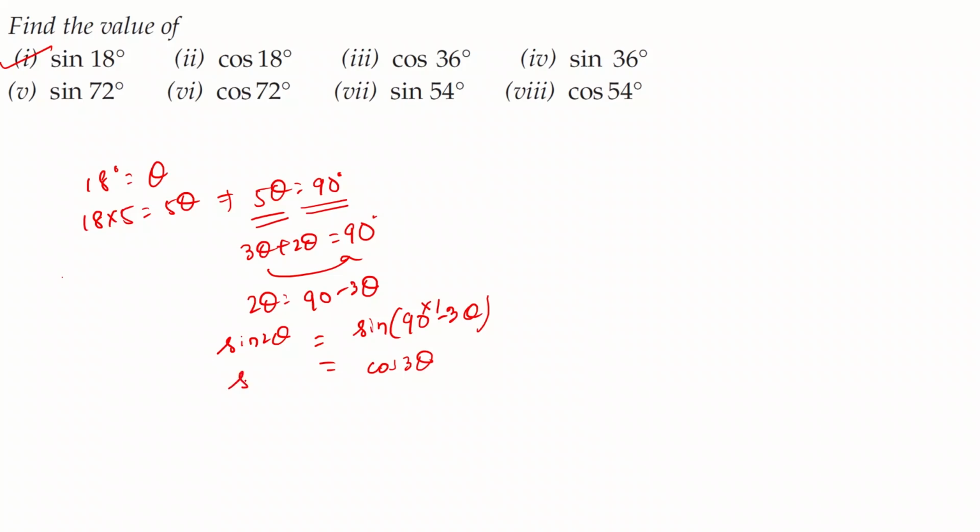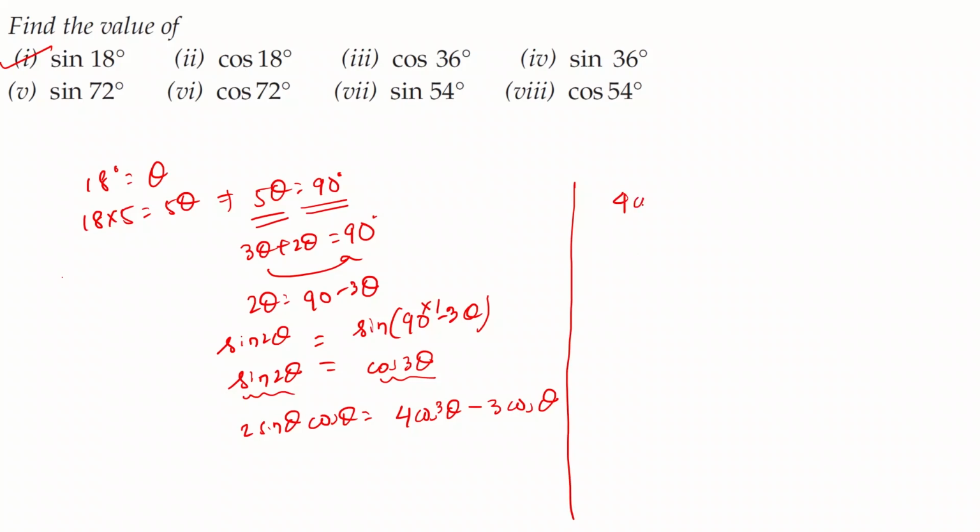So sine 2 theta we have got to be cos 3 theta, and now we know the formula for these, right? Sine 2 theta is 2 sine theta cos theta, and cos 3 theta is 4 cos cube theta minus 3 cos theta. Let's take everything on one side.